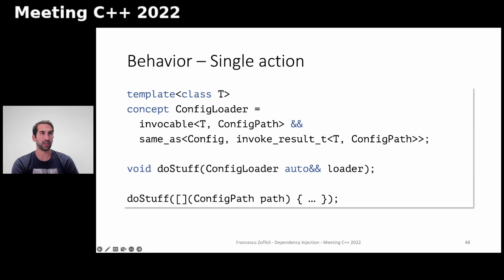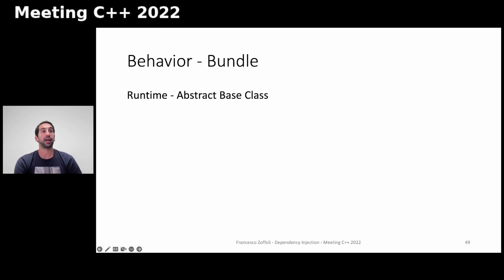But in general, we can make sure that our type is invocable, can be invoked with an object of type config path, and the result of calling it with the config path is going to be a config. This guarantees we can then take a template. This is an inline template with auto, which is constrained by the config loader, so it's going to take any function which is going to match that concept.